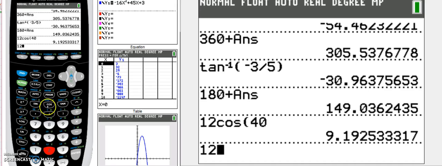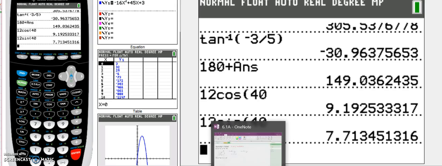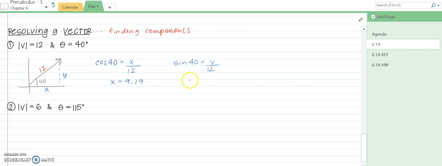So I have 12 times the sine of 40, which gives me a vertical component of 7.71. So resolving a vector, I want the component form. So 9.19 is your horizontal, 7.71 is your vertical. Make sure you have the good brackets.